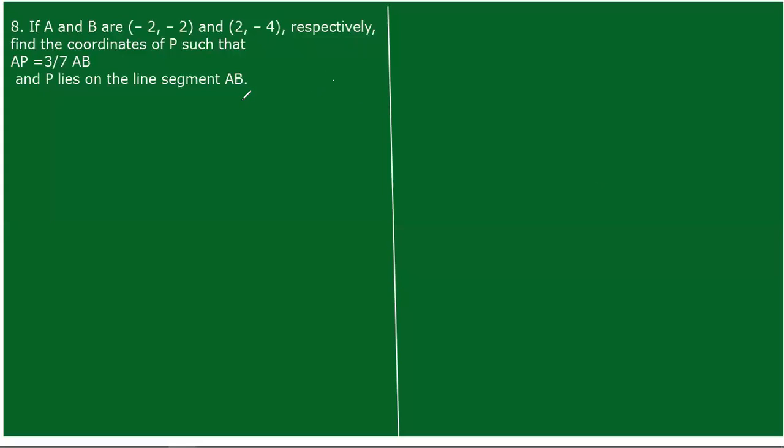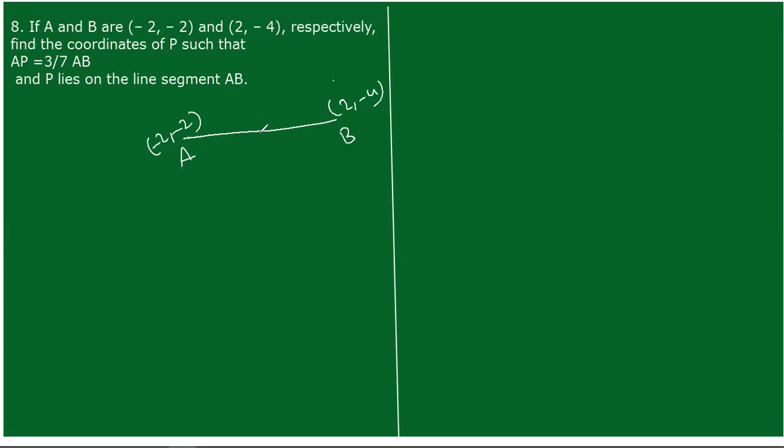Okay, so A and B are minus 2 comma minus 2 and 2 comma minus 4. Let's draw one line segment. This is A and B. A point is minus 2 comma minus 2 and B is 2 comma minus 4. Okay, we have to find the P coordinates.